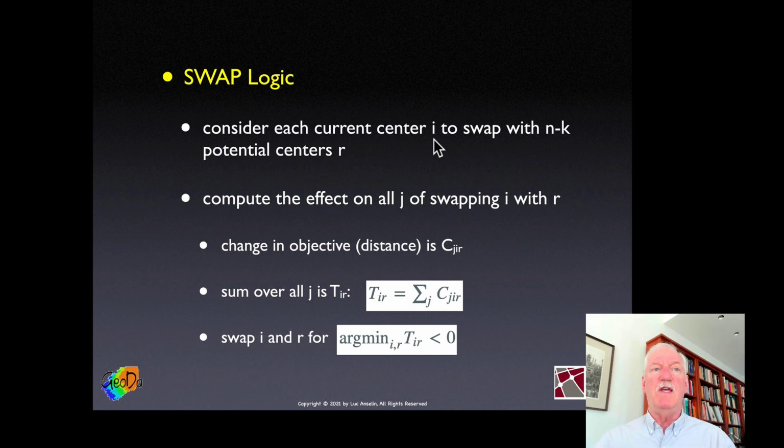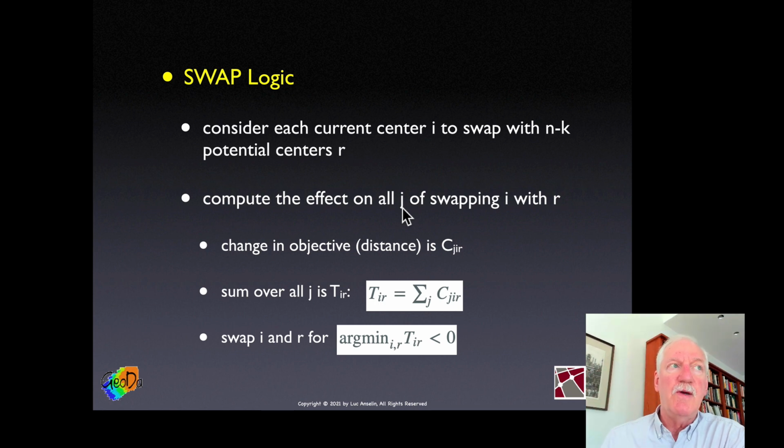So for each of these, we compute the effect on all the points of the swap. For every point that is not currently a center, we see what happens if we would swap.